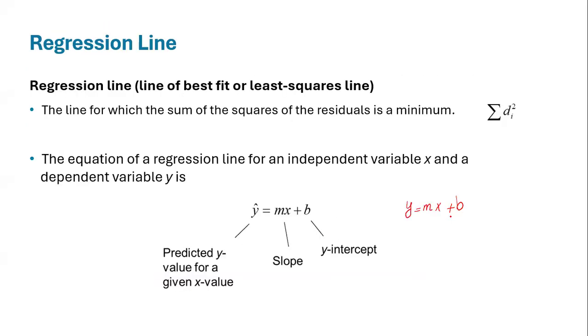Whatever y value the line represents to us is called the predicted y value, and we show it by y hat. Y hat is the predicted y value, the exact y value that we get from the regression line. It's not the exact y value from that point. The only time this can be the exact y value is if the line goes exactly over the point.